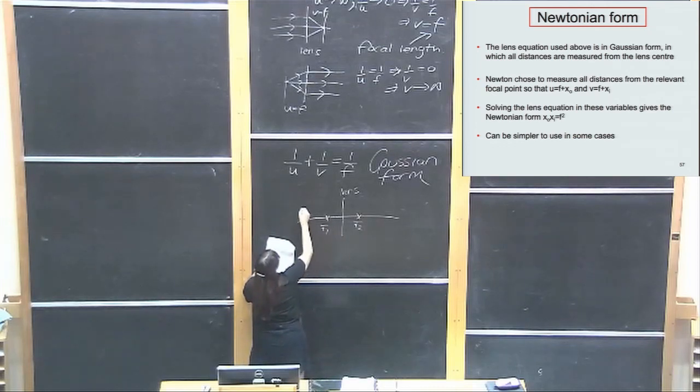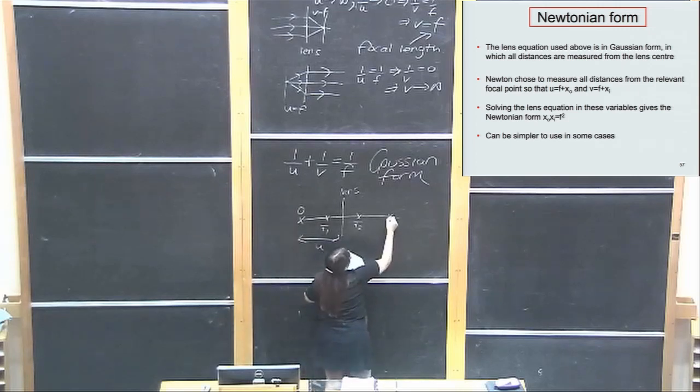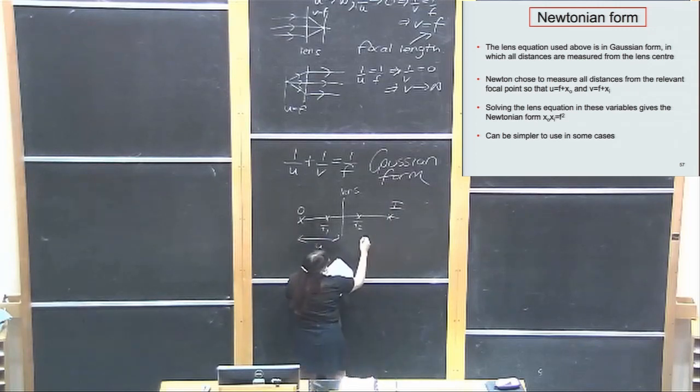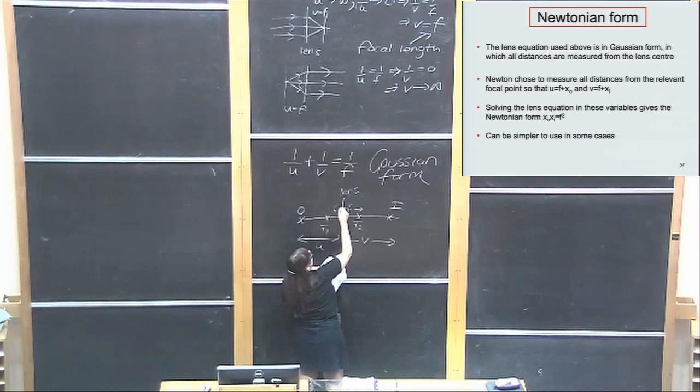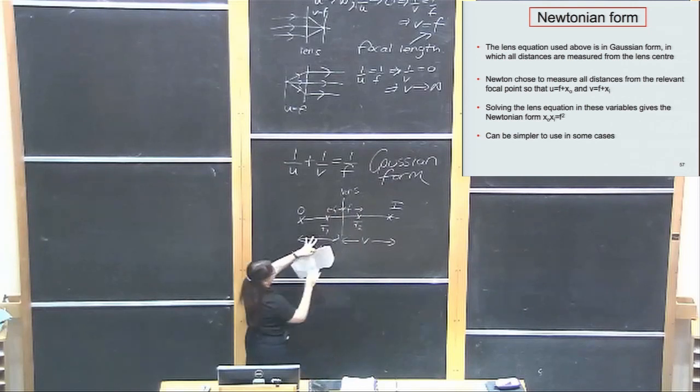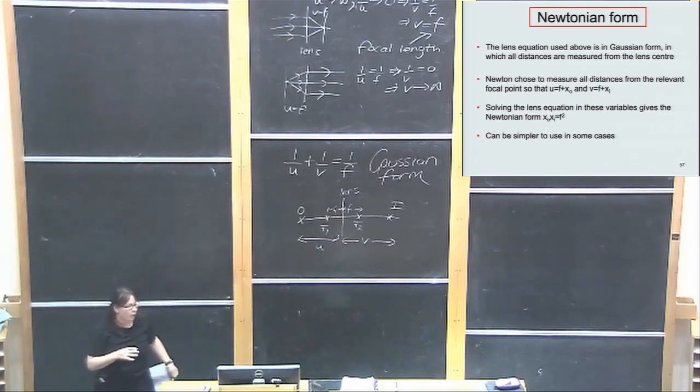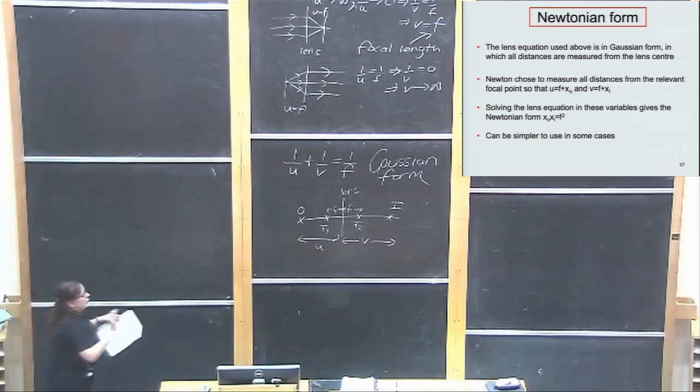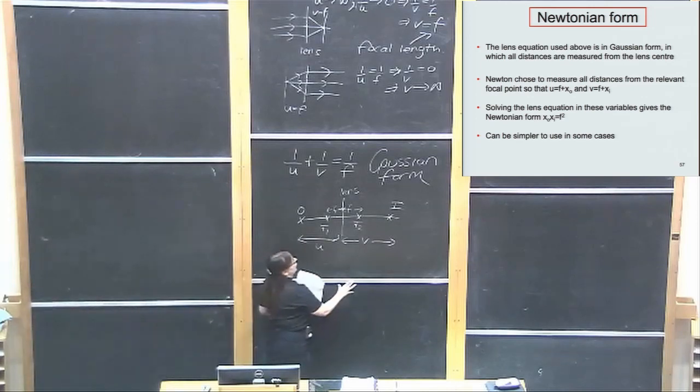So this is the lens again. Let's say I have an object here, that's u, and then it forms an image over here, that's v, and obviously this is the focal length. I've labelled the two focal points as f1 and f2 because one is called the primary, one is called the secondary. That's going to be important for a little hint I'm going to give you in a minute.